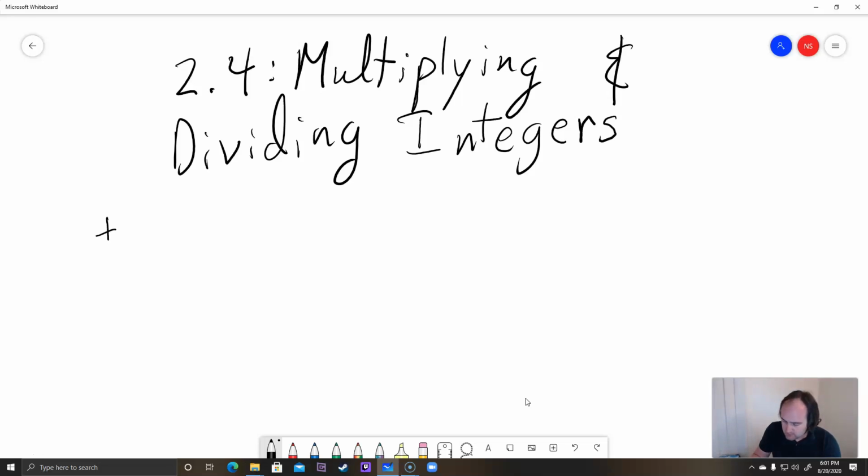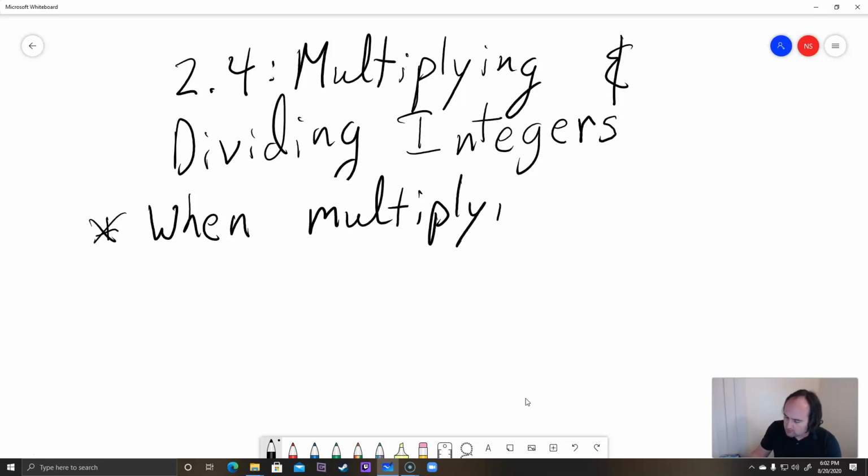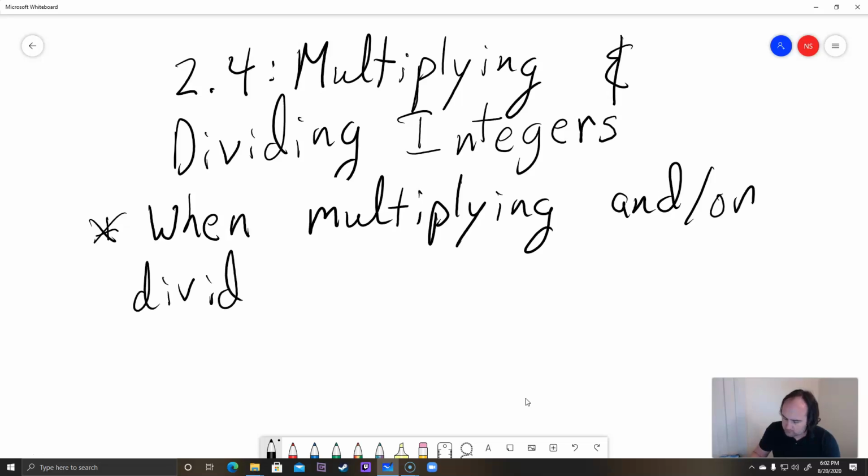Okay? So when multiplying and or dividing, minuses, so the minus symbol, cancel in groups of 2.